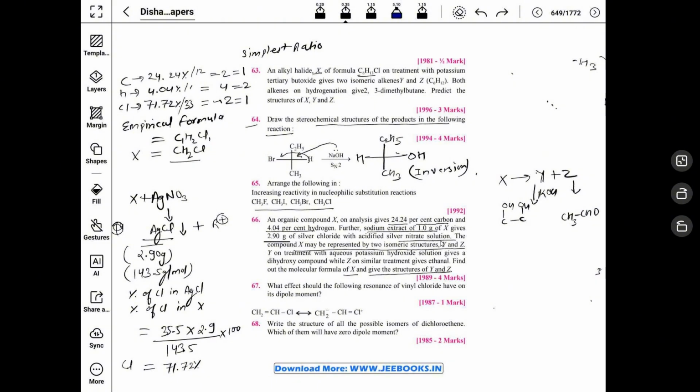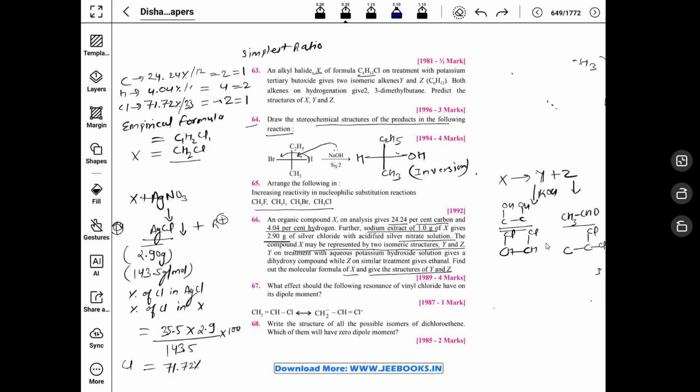Now it is saying that X has two isomeric structures, and one treatment gives this, another gives this. It means the formation of this compound indicates that the chlorines are present on different carbon atoms, like this. And in this case, it is indicating that the halogens are present on the same carbon.